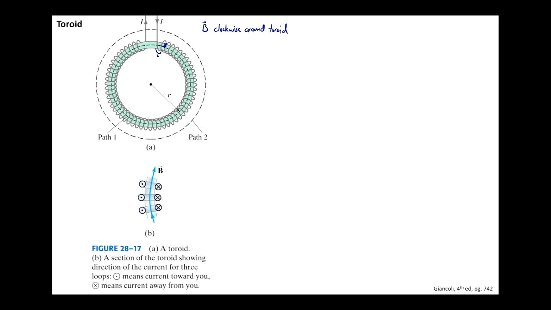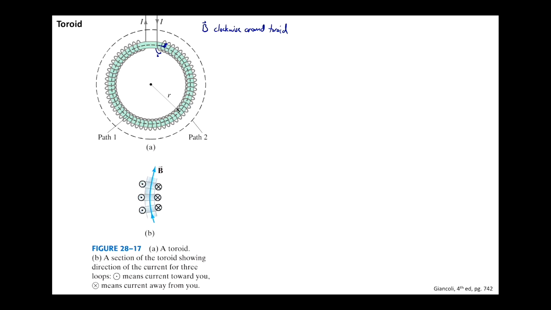You can see this illustrated down below, where they're showing, again, a cross-sectional cut of just a little piece of the toroid, and we have, well, parts of the current on the outside are coming at you, and the parts of the current on the inner side of the toroid are going away from you, and you can see that the magnetic field is going all the way around in the circle in the direction that's shown there, in a clockwise direction, okay?